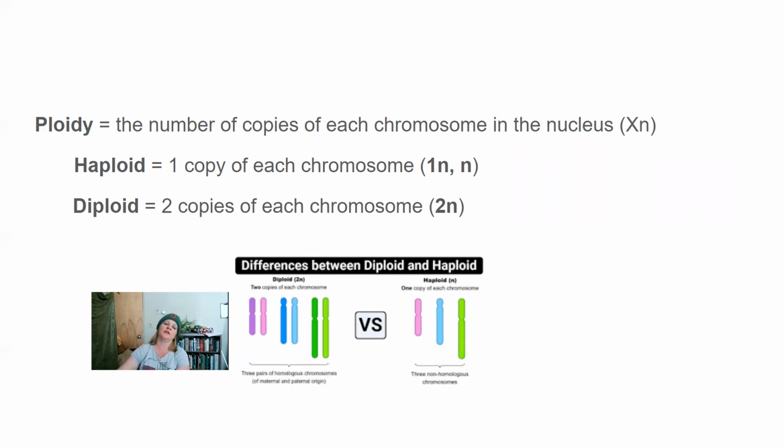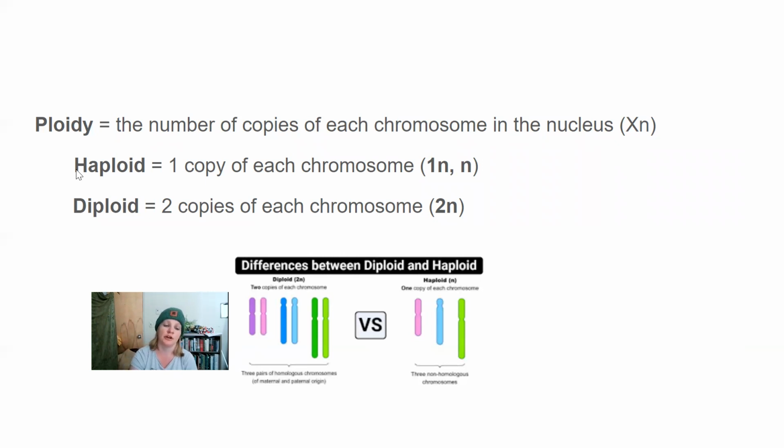So the first thing that we need to talk about is ploidy, which is just fancy science talk for saying how many of each chromosome there are in the nucleus. And we can write it shorthand by saying X is some number, and N, in this case, is going to be the number of chromosomes in there.